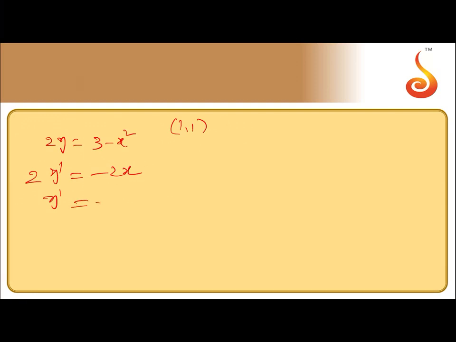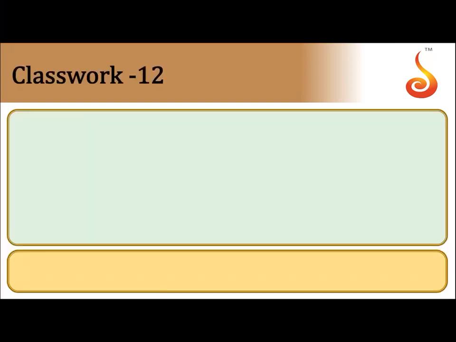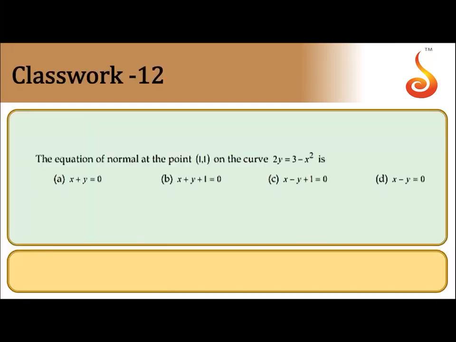Y dash is equal to minus 1. And therefore slope of normal is equal to 1. Therefore normal equation is y minus 1 is equal to 1 into x minus 1. Obviously y is equal to x is the normal. So the answer is y is equal to x. I think it is the D option.